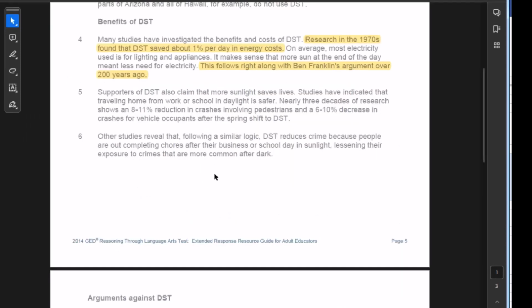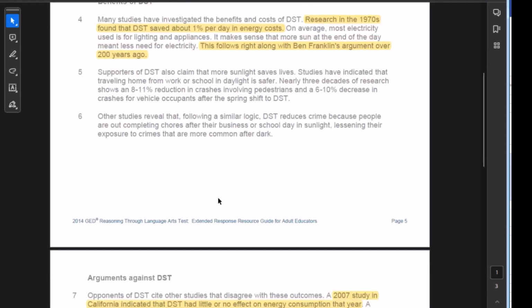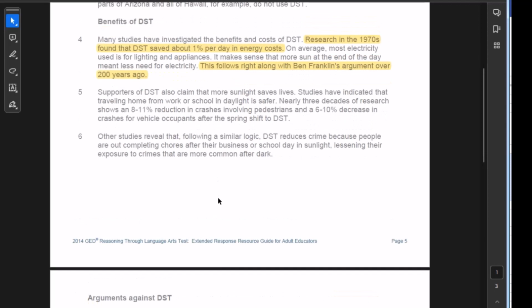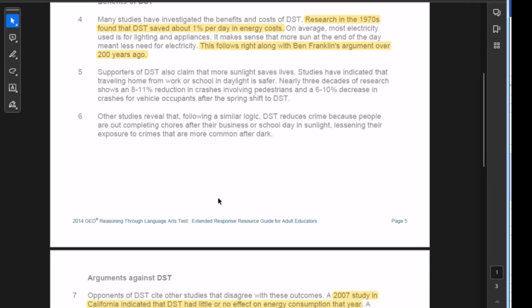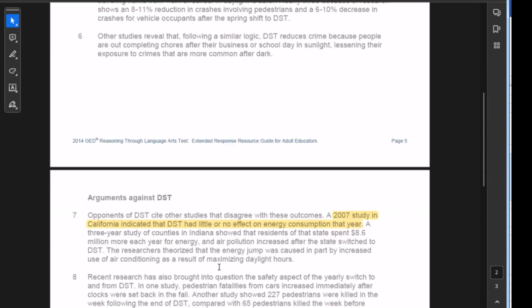If you're going to say arguments against DST is stronger than the benefits of DST, it needs to follow with, and this is going to be in the paper you're writing in this essay, because they cited a 2007 study in California that showed that there were no effects on energy consumption that year when they used daylight savings time. And you can bring up the other evidence that you might find within this.